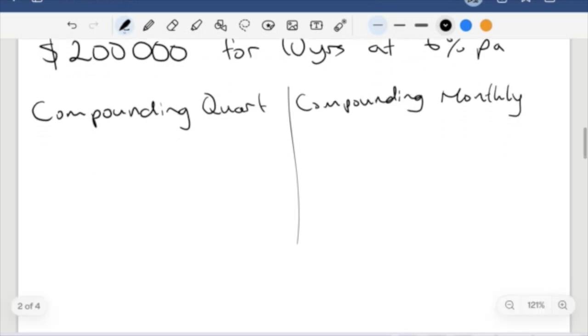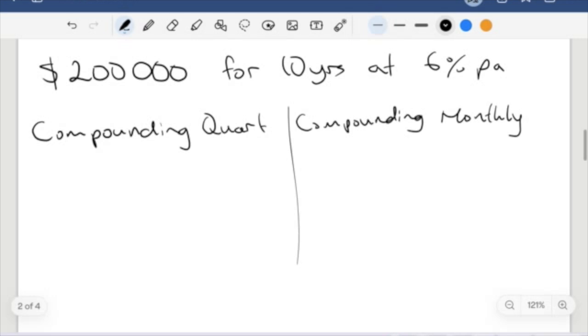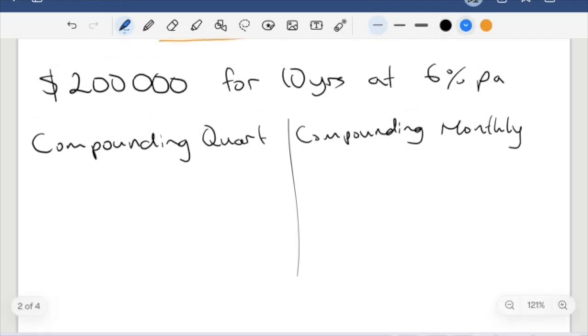Okay, so if we go through and do this question, you can pause this and have a go on your own, but I have my present value here, I have my number of compounding periods, and I have my rate. What we're going to do on the left hand side is, first of all, we're going to note that this is compounding quarterly, so 4 times in 1 year.